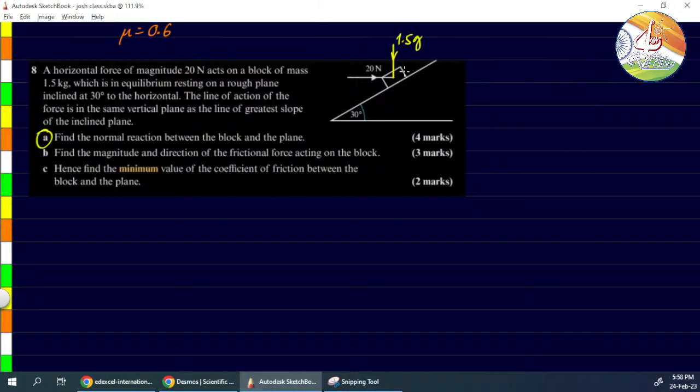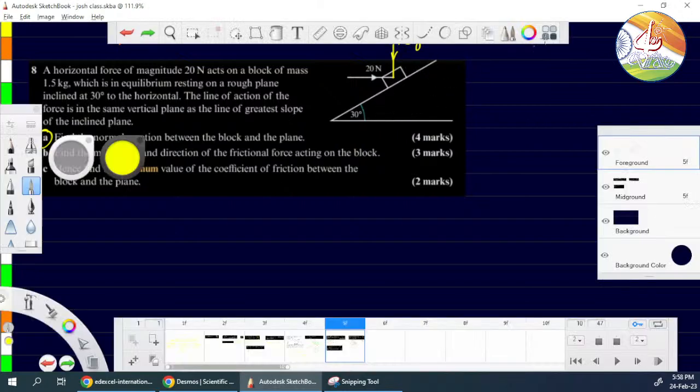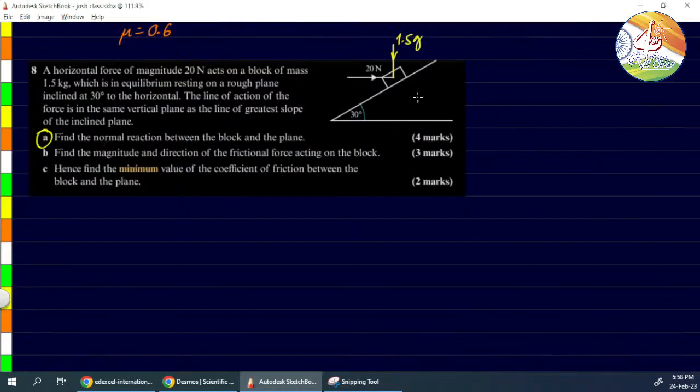So in order to find normal reaction, we have to take what direction? X and Y. So this is our x direction and this is our y direction, right? So let's take that.